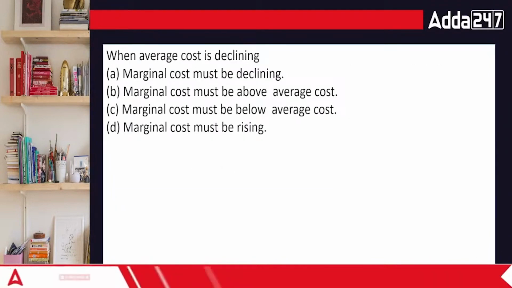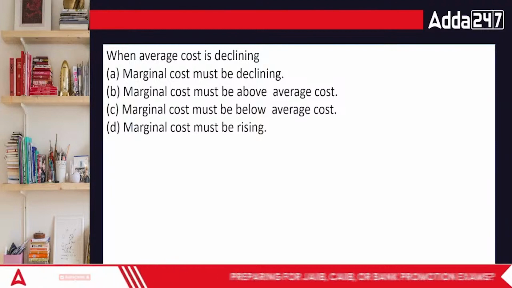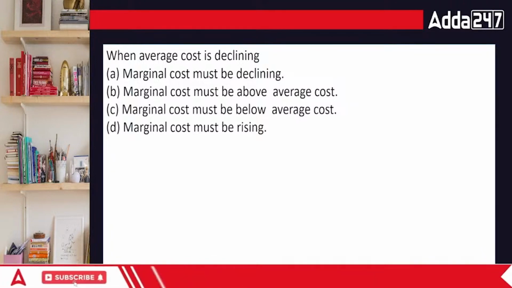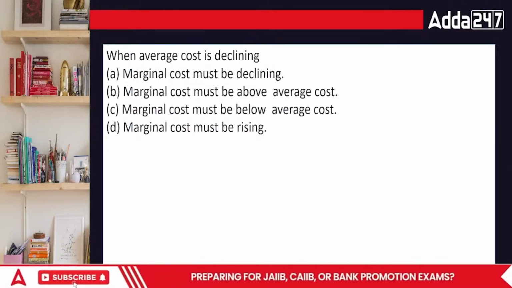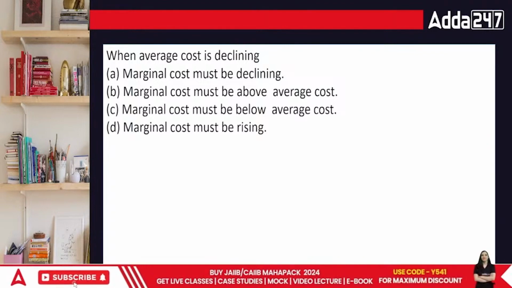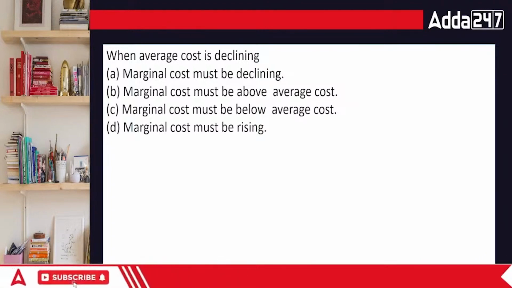When average cost is declining, this is a part of costing there. Average cost is your mean. You have the higher or the lower cost and then you find the average of it. Marginal is the variable cost. So what would be the answer in this case?